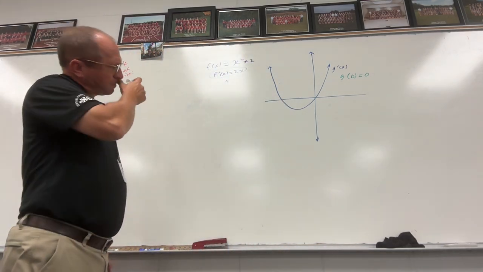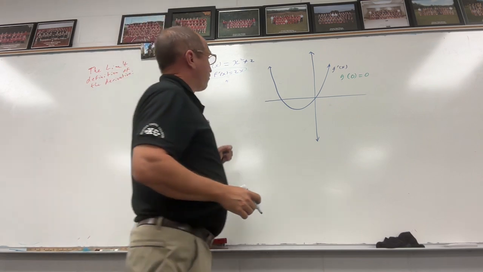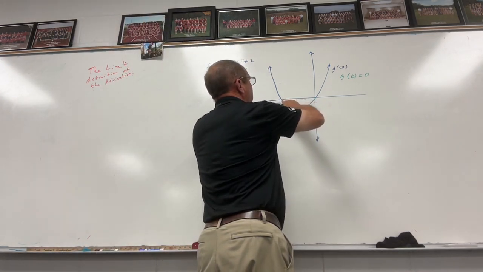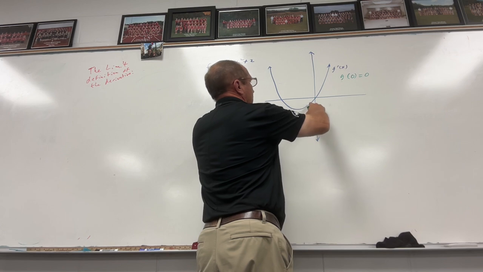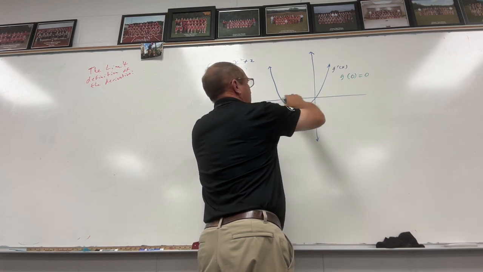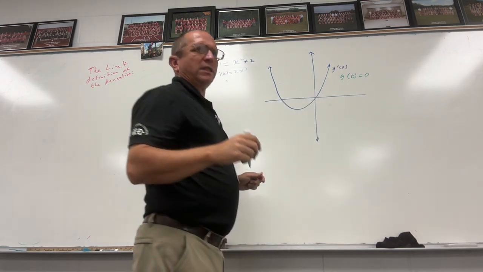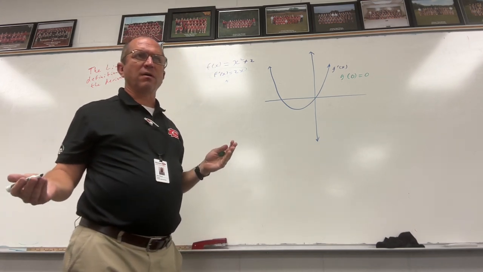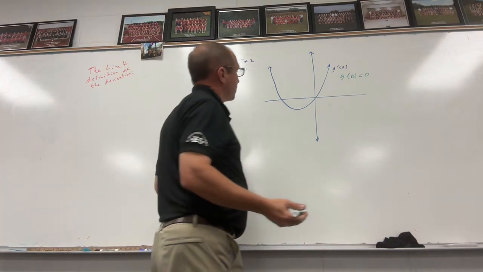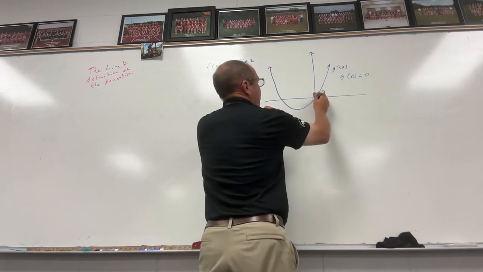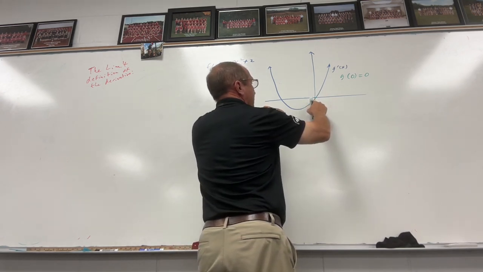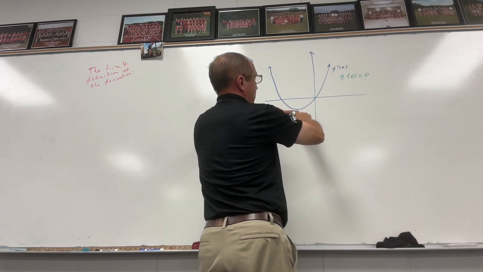Well, from this, I know everything in here, from here to here, is negative, which means that the original graph would be decreasing along those values. So I know I'm going to be decreasing. Now, I'm decreasing here, but not as rapid of a rate as I'm decreasing right here.